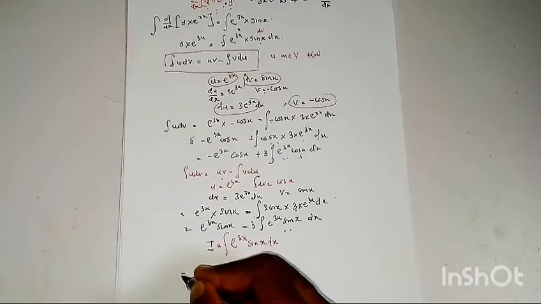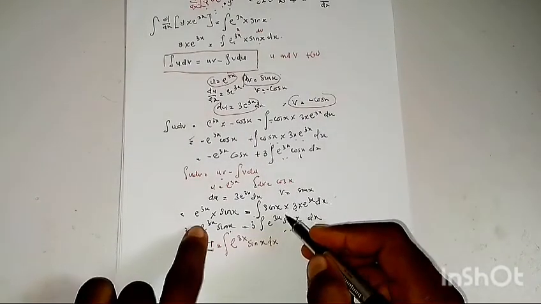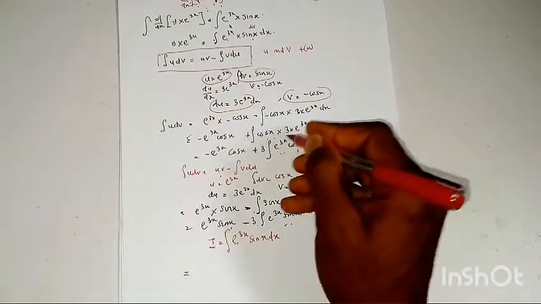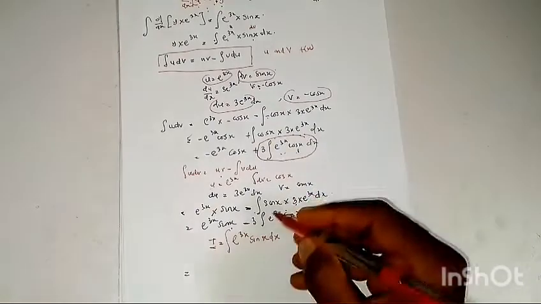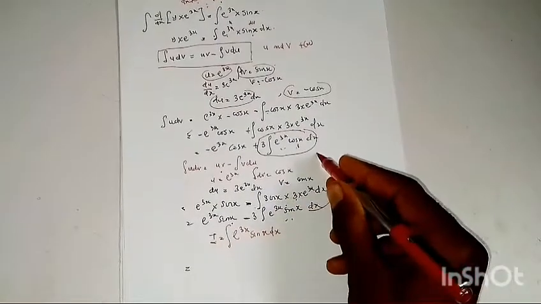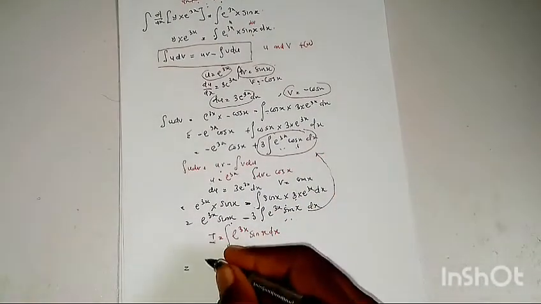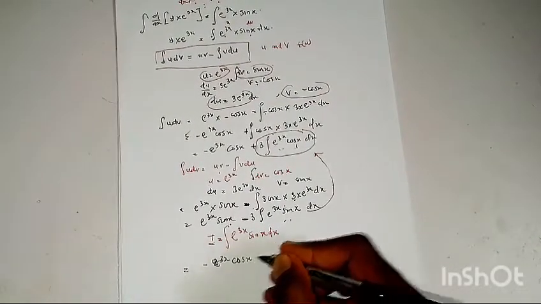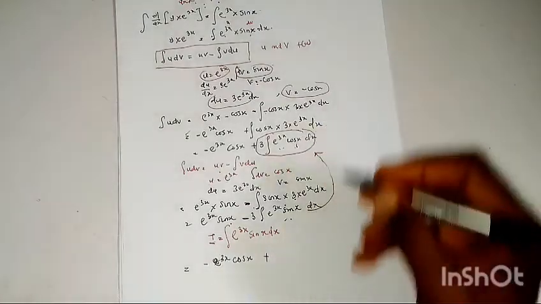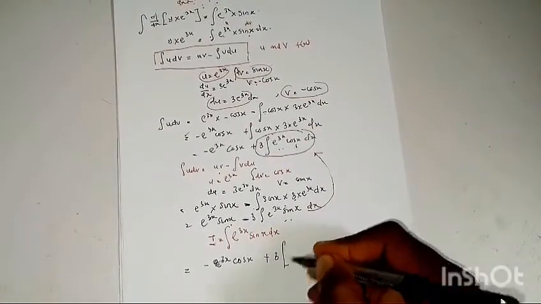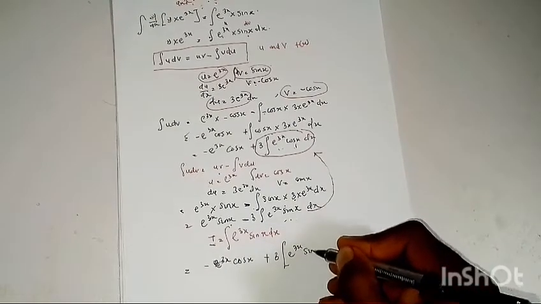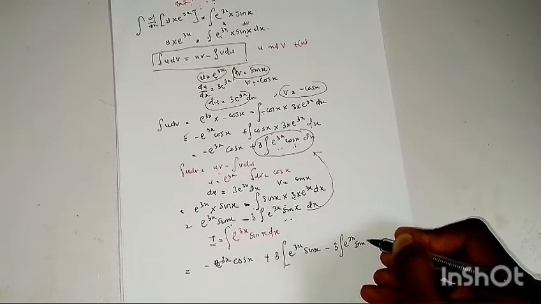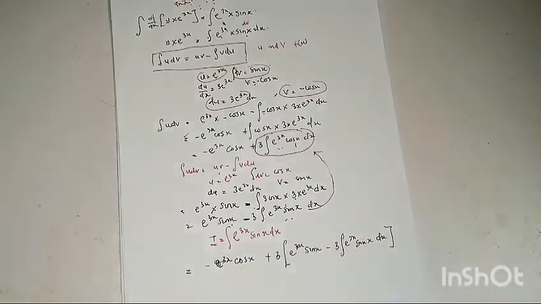So replacing this value with what we just integrated, we have minus exponential 3x cos x plus 3 open bracket exponential 3x sine x minus 3 integral exponential 3x sine x dx.